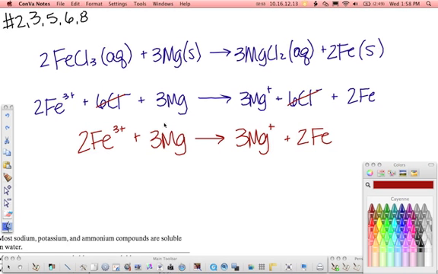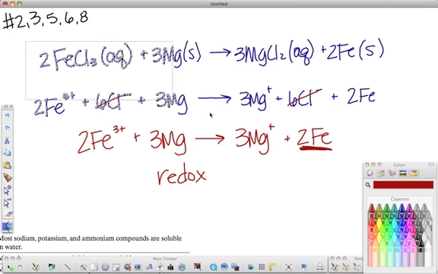Oh well, we're not going to worry about balancing charges right now. So this is it. This is not a double replacement reaction, so that means that this solid right here is not a precipitate, because you can only get precipitates from double replacements. This is what's known as a redox reaction. Don't really have to know about that just yet. You'll learn plenty about that once you get to AP Chem.